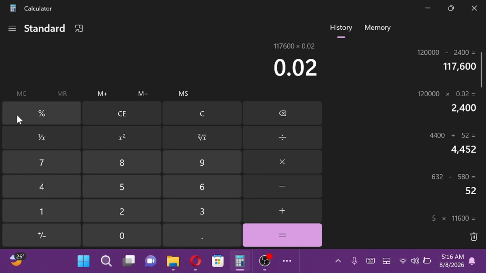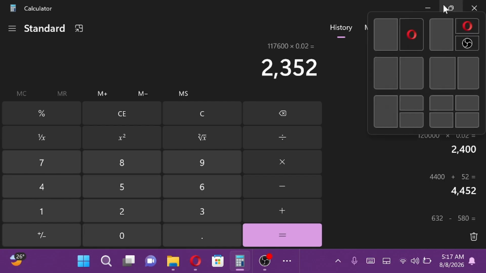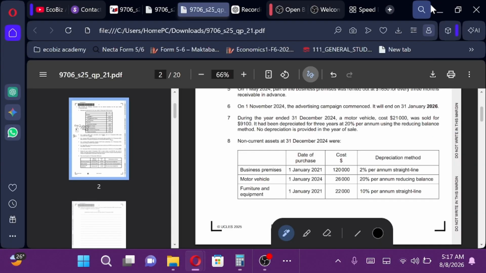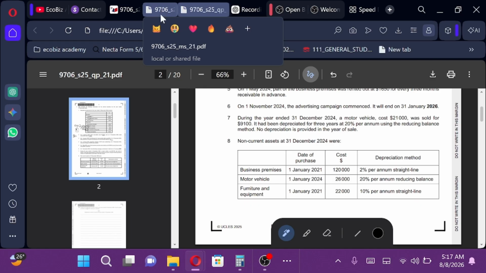Now this is the amount of depreciation for 2022, if we were using reducing balance method. But thank God here, it says we're using straight line method for business premises. So we take 120,000 multiplied by 2% to find straight line method.